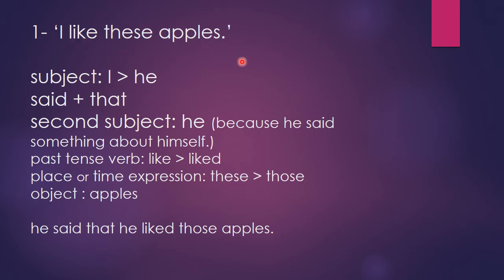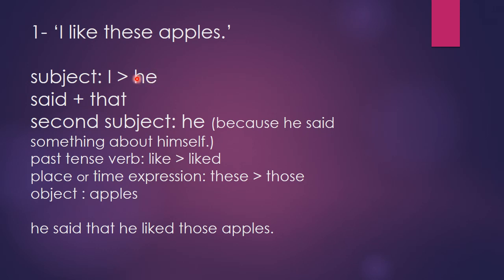So I put the form in front of me, which is subject, then said, then that, then the other subject, then verb 2, then the rest of the sentence. The subject here is I, which becomes he or she.